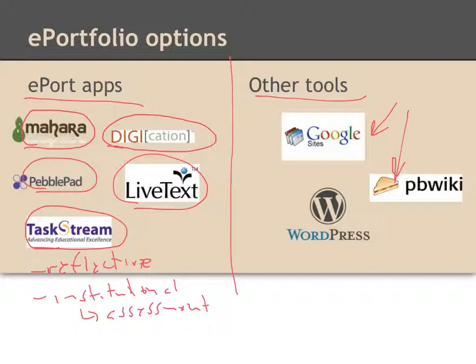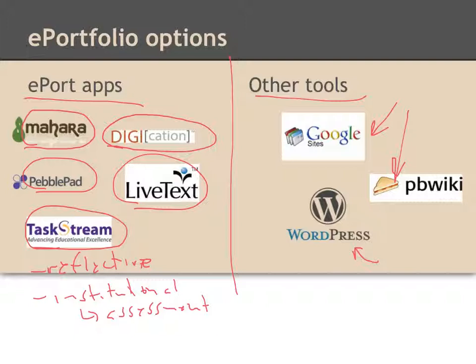I mean, Google Sites, PBWiki, these are dedicated web publishing kinds of platforms, as is WordPress. In my mind, it's a little bit more difficult to use WordPress as a portfolio system, but I've seen it done.